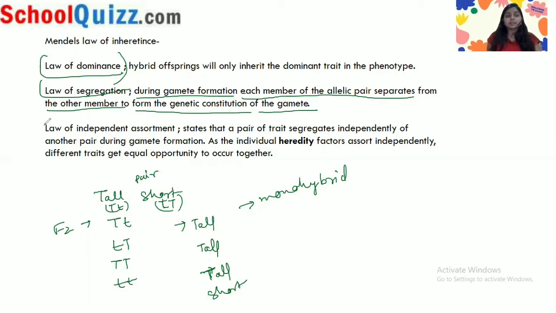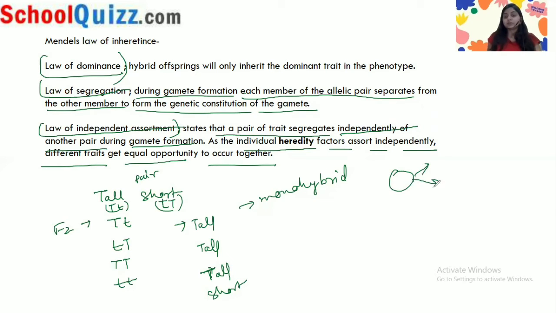Then we have the law of independent assortment. It states that a pair of traits segregates independently of another pair during gamete formation. As the individual hereditary factors assort independently, different traits get an equal opportunity to occur together. We have seen the example of the seed.